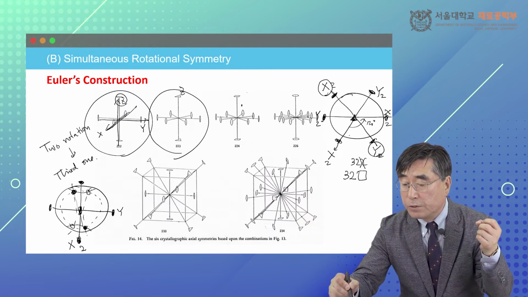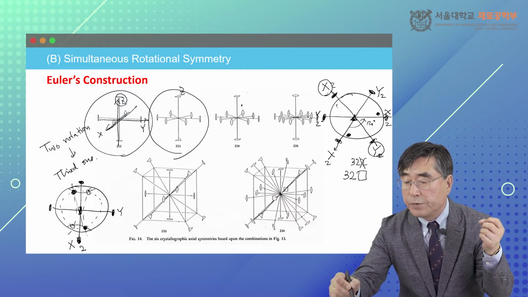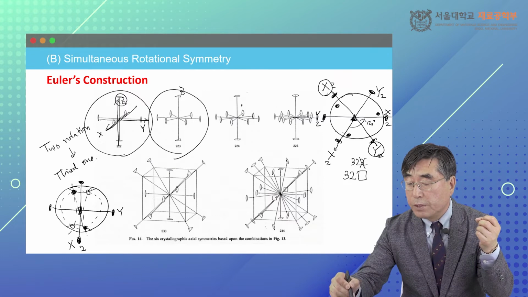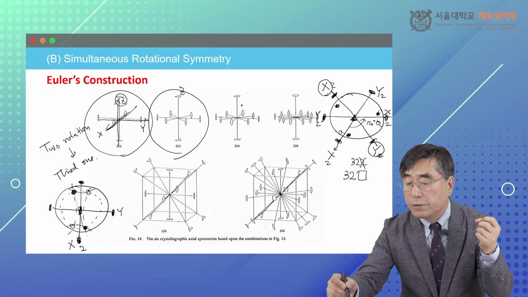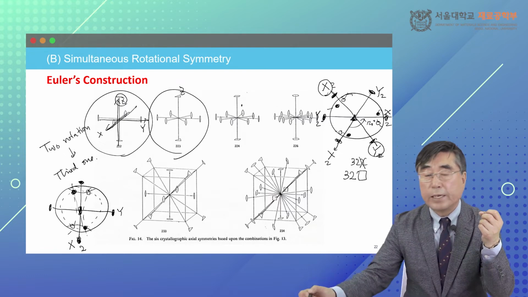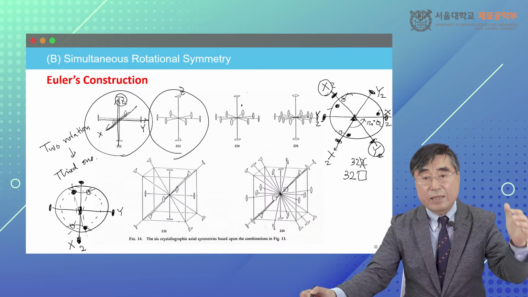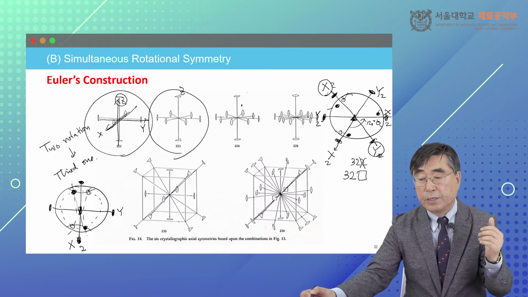Now if I draw any poles, then a general pole here has 3 folds generated by the 3-fold. For each 2-fold, it generates another 2-fold, 2-fold, 2-fold. Again, I'm doing the z-axis operation and the 2-fold over x-axis operation. It generates 6 poles.